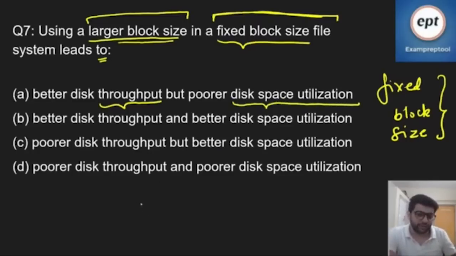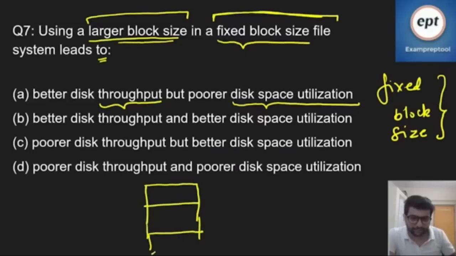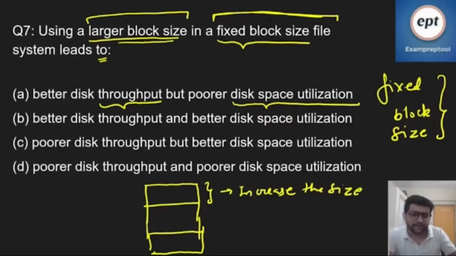So immediately, let's say we have been given the hard disk, right? And let's say these are the blocks of the hard disk. If we increase the size of the disk block, then if we have a file smaller than the block, this particular space will be wasted.